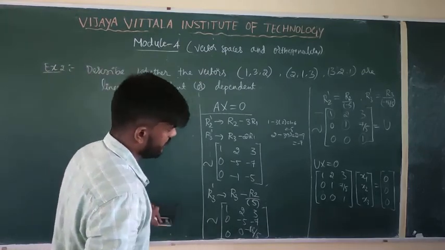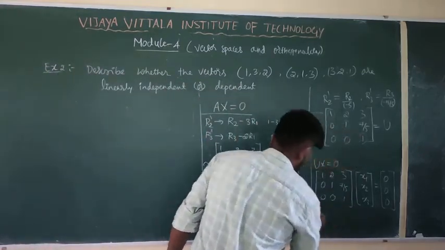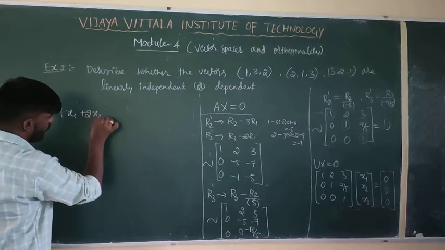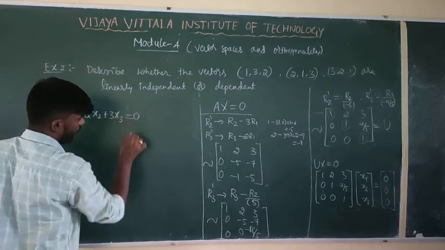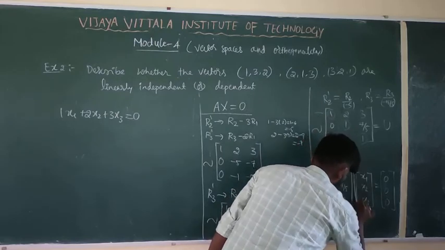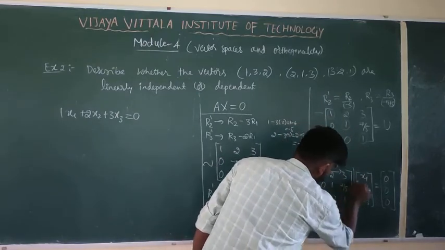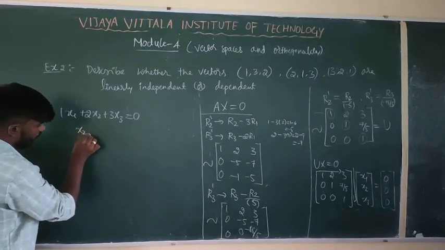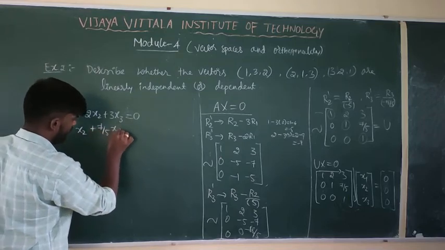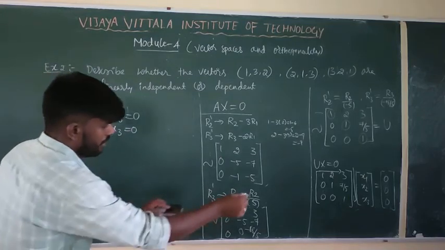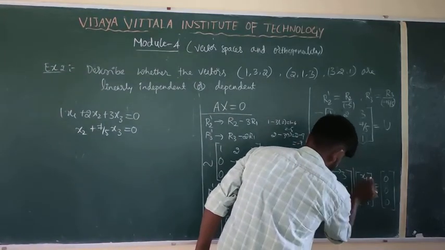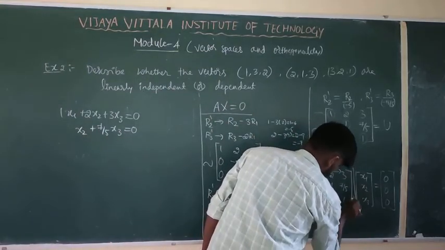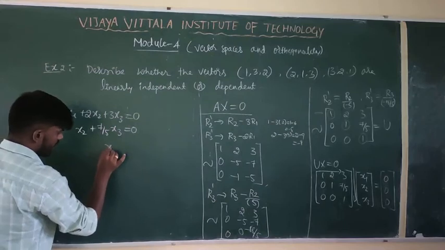To find the null space, we multiply these two matrices. We get 1 x1 plus 2 x2 plus 3 x3 equal to 0, first row with this column. Then the second row with this column gives x2 plus 7 by 5 x3 equal to 0. In the third row, 0 into x1, 0 into x2, 1 into x3, we get x3 is equal to 0.